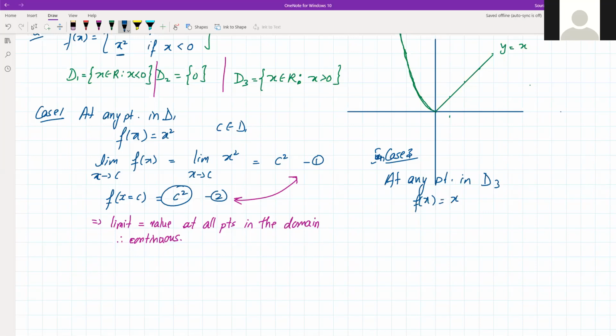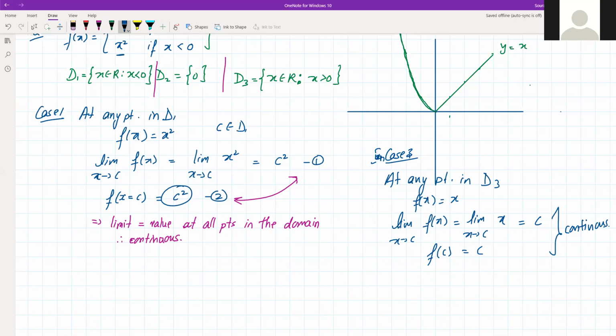So again, the limit as x tends to c of f(x) equals the limit as x tends to c of x, which equals c, and f(c) will also be equal to c. So it is continuous. And what is the third part? The D2, which we have seen, that is at x equals 0.